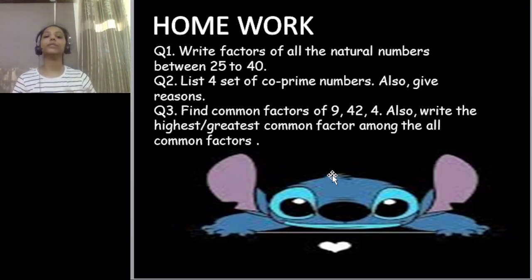Also list 4 sets of co-prime numbers, and give reasons why they are called co-prime numbers. The next question is to find the common factors of 9, 42 and 4. Also write the highest, the greatest common factor among all the common factors.